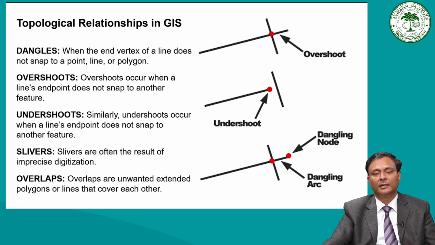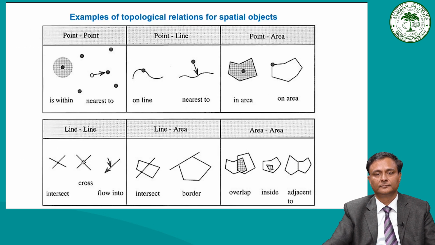But each one has a spatial relationship associated with it, and that is why we call them topological relationships. Now, some examples of topological relationships for spatial objects. Spatial relationships refer to the way objects are arranged in relation to one another in geographic space, which we have discussed earlier also.